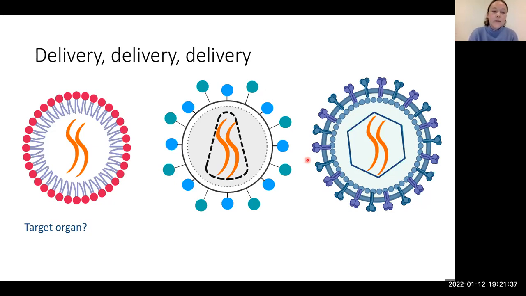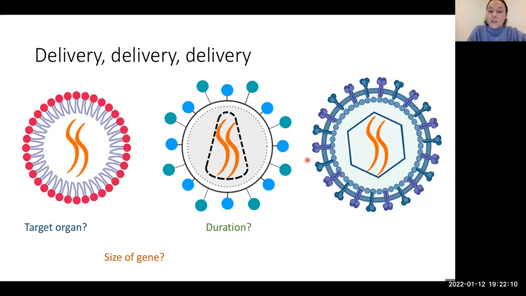So with ADAMTS13, it works within the blood system, obviously. So that's something we have to consider when we are designing a gene therapy. Another consideration is, how big is the gene that you're trying to deliver? So ADAMTS13 is very large for a gene. It's considered one of the larger that you're trying to deliver to patients. So that then limits which viruses that you can use as your delivery vehicle.